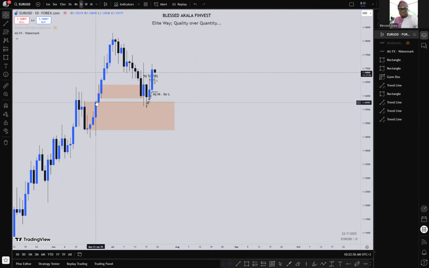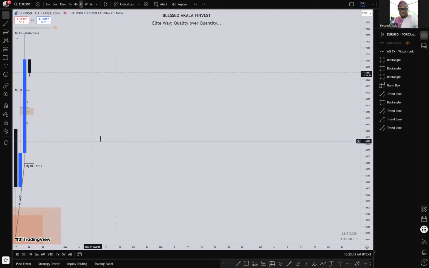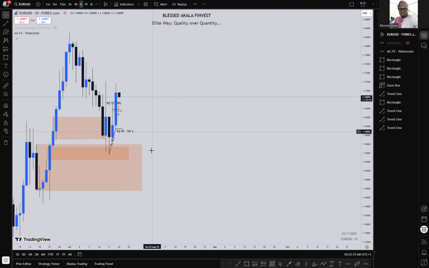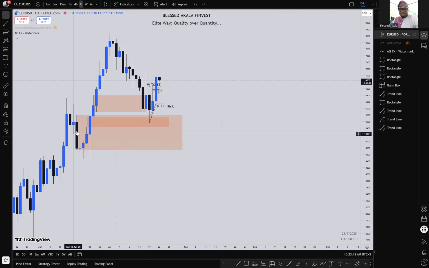Then we picked another level from below the internal structure into the fair value gap that we have within this level. And as we can see, it was the fair value gap that got materialized from the level of the order block.